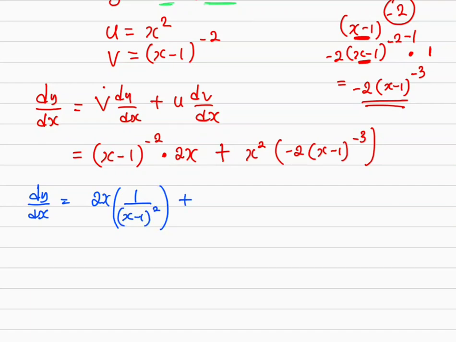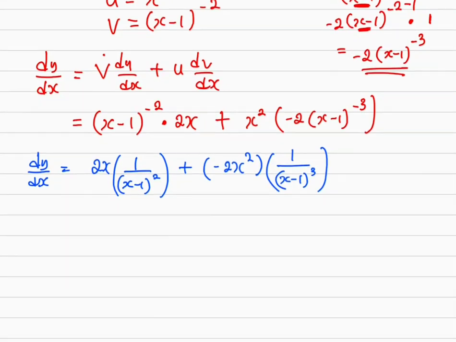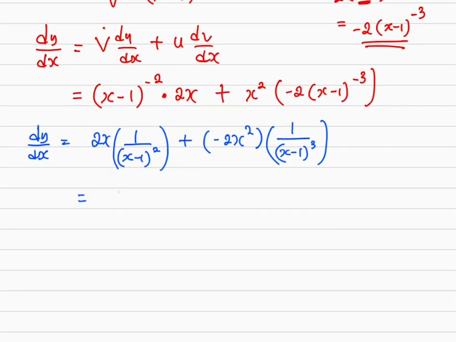Then plus minus 2x squared times 1 over (x minus 1) raised to power 3. So this is 2x over (x minus 1) squared, then minus 2x squared over (x minus 1) cubed.